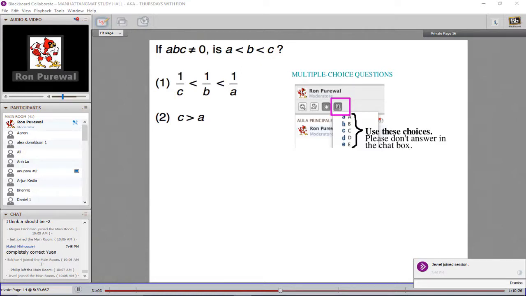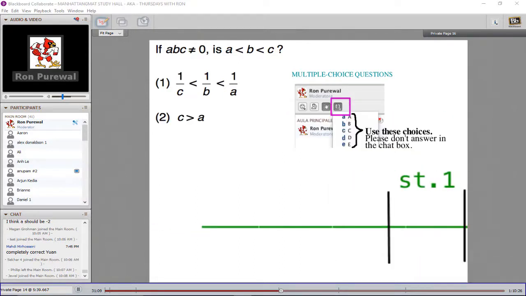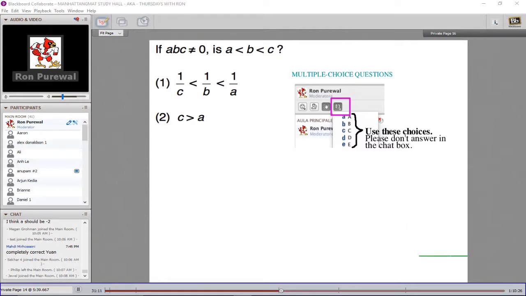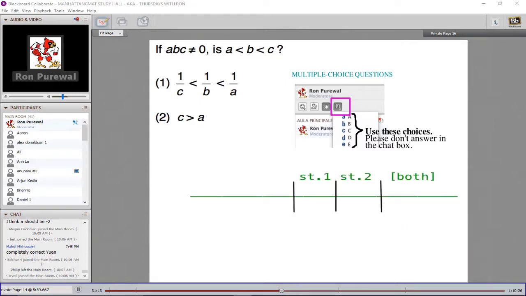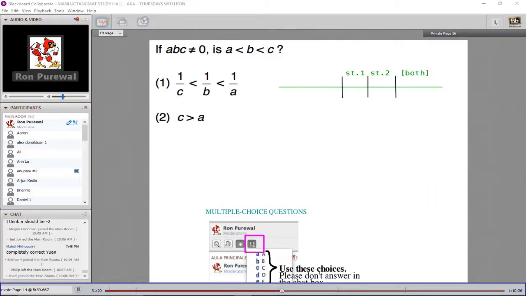Also, this is another yes-no question. So as with other yes-no questions, you should set up this device thing. You should do it all the time. You shouldn't only do it when you think the problem is hard, because then you won't be in the habit of setting it up.